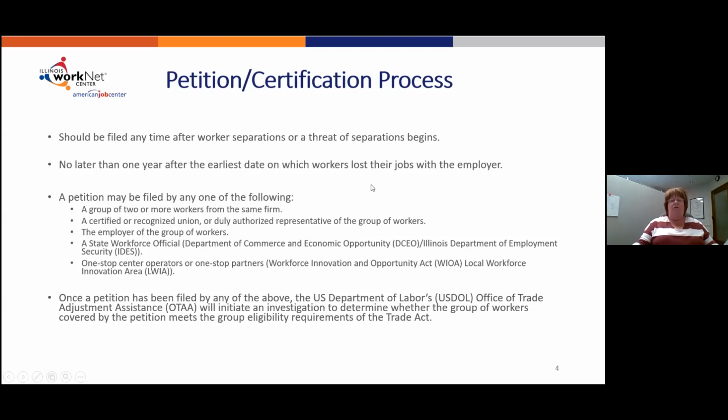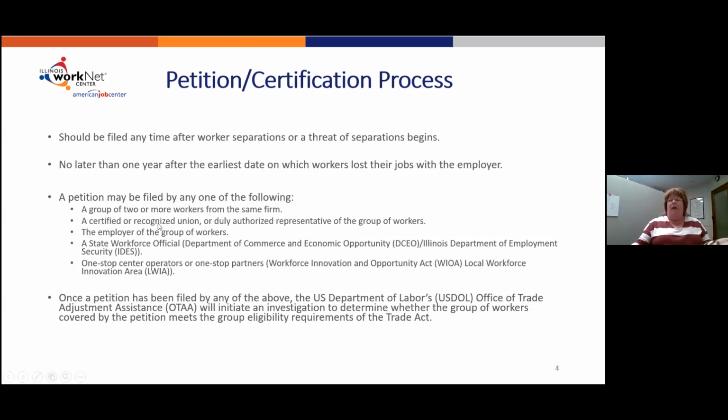That is to make sure that every employee that could be benefited is benefited, because when they do the petitions, you'll see later that they will go back 1 year from the date that the petition was filed to give that impact period for those employees who may have been laid off.